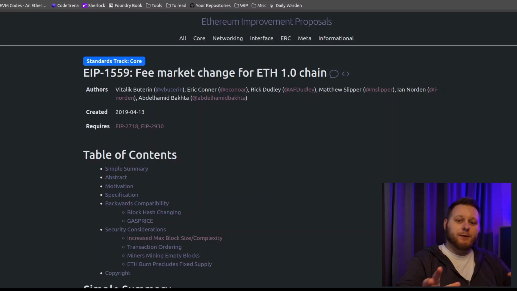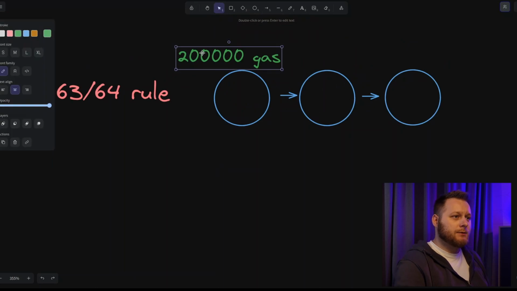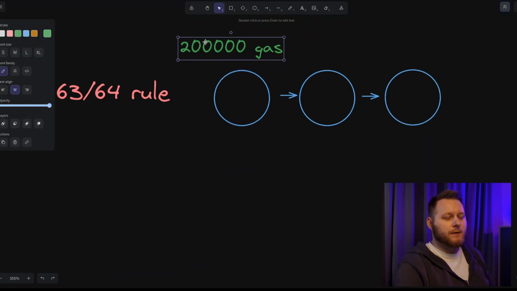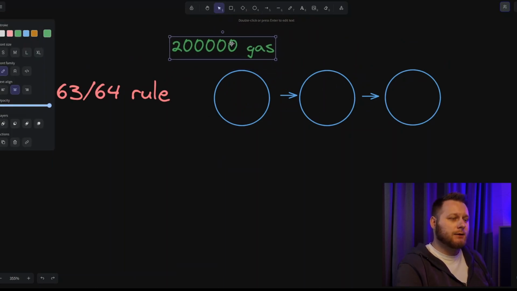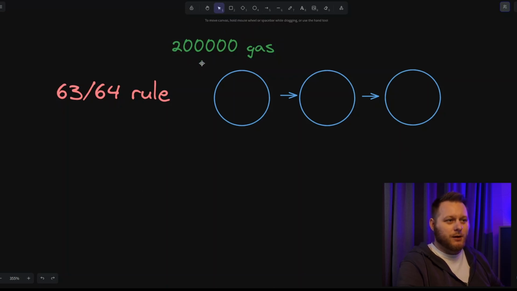And the last topic that I want to focus on today is the 63/64 rule. Let's say that this is one smart contract which calls another smart contract which calls another smart contract. Let's say that you are passing 200,000 gas here. For ease of calculation, I will not count the gas used in the computation in this smart contract.